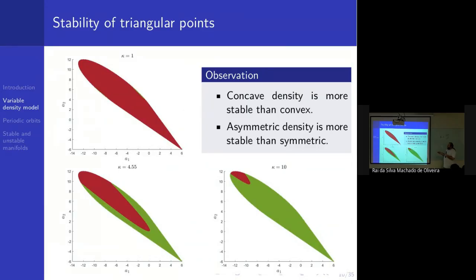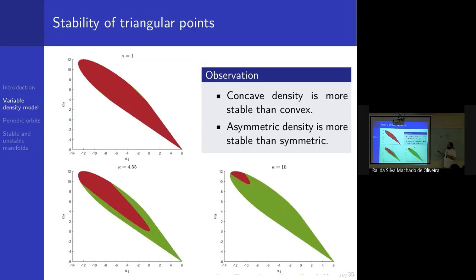And in red is where the equilibrium points are unstable, and in green, where they are stable. So we start with K equals 1, and we see that for every density distribution, the triangular equilibrium points are unstable.